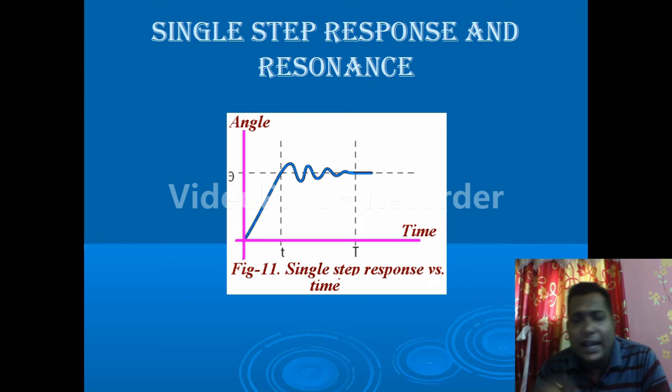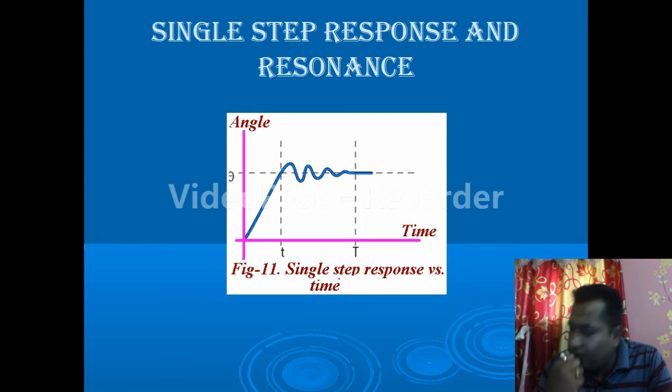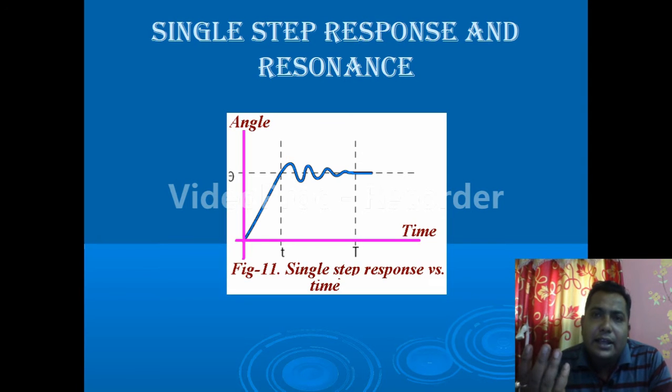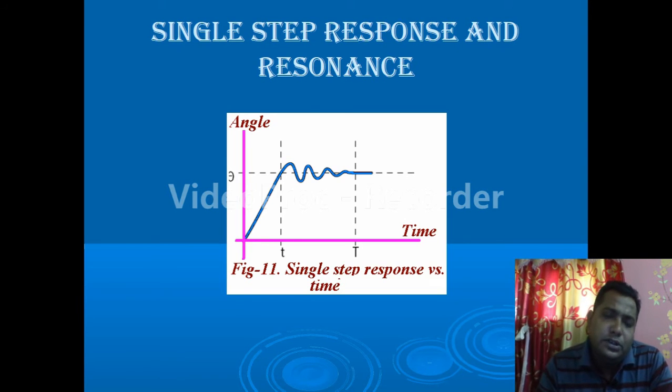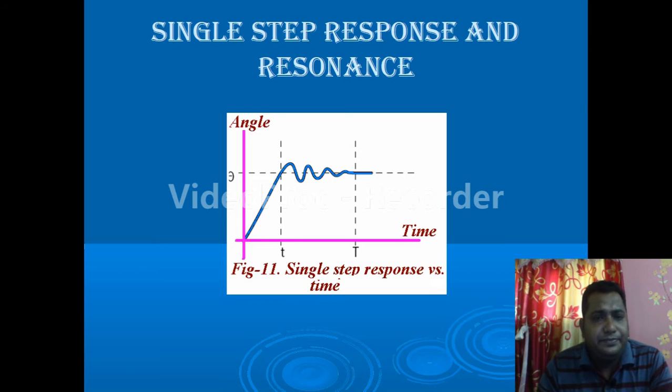Then when the torque value decreases, the angle settles into a steady condition. That means when we continuously change the time, there is no change of the angle, and it has reached its resonance condition.